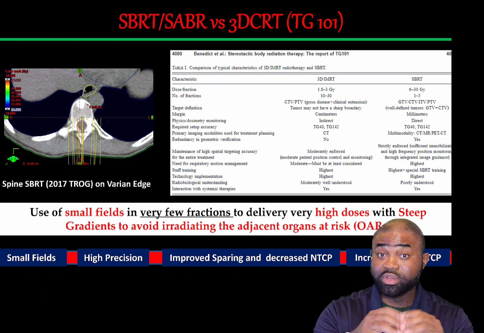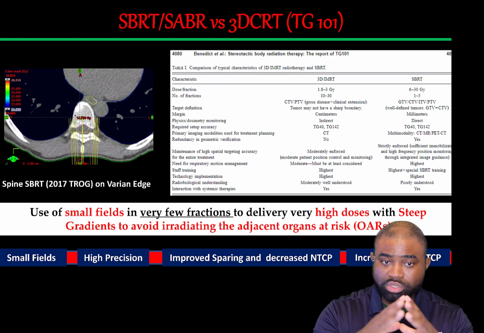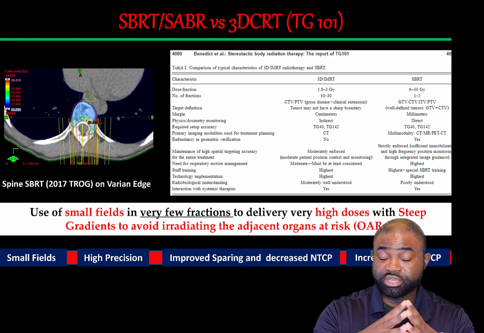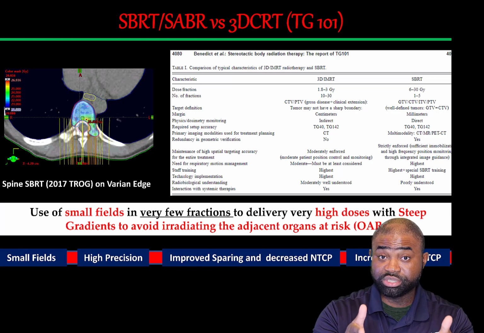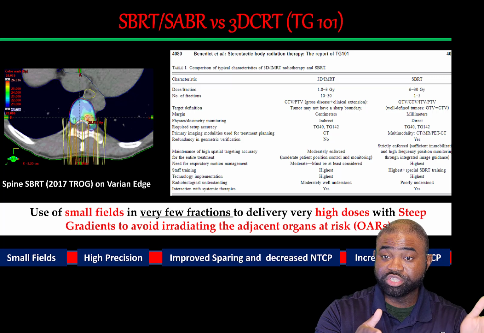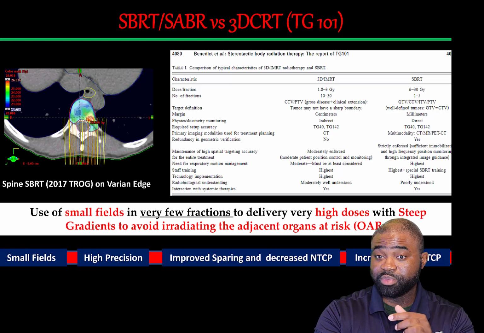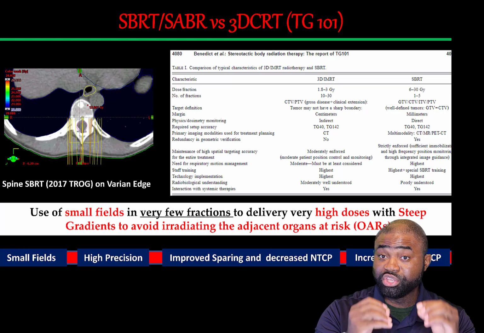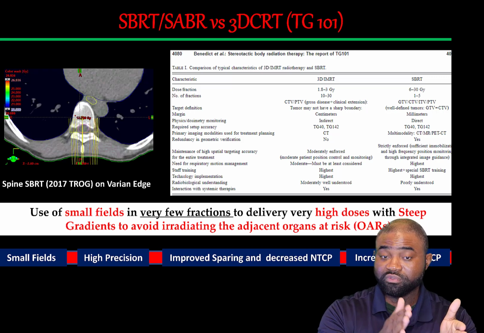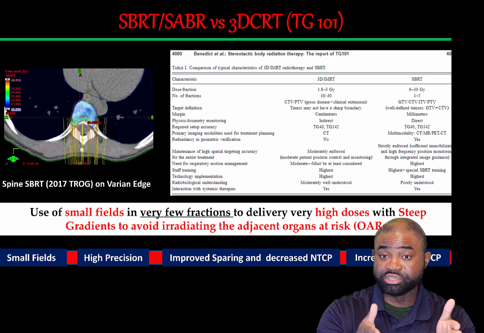And so to summarize, the central characteristic that distinguishes SRS, SBRT from conventional radiation therapy is the use of small fields in very few fractions to deliver very high doses of radiation.